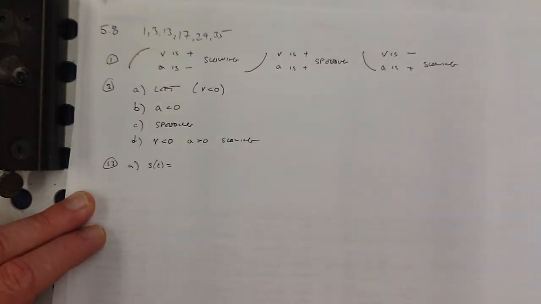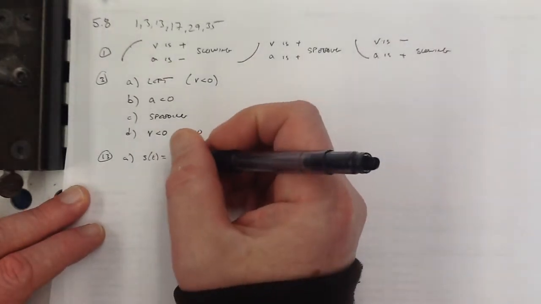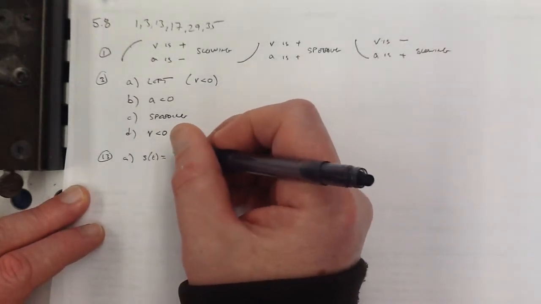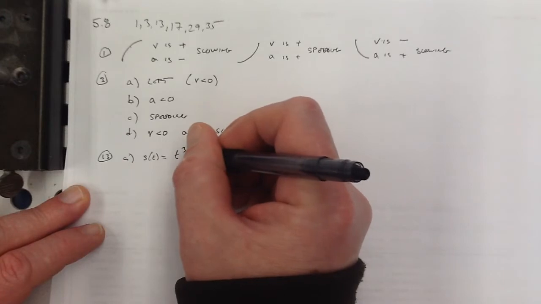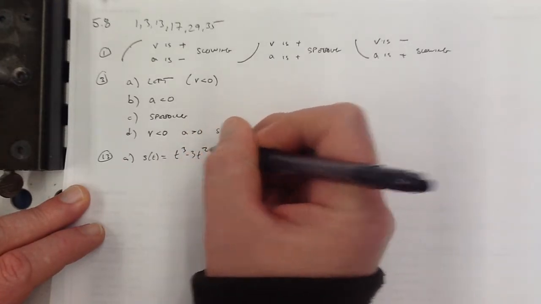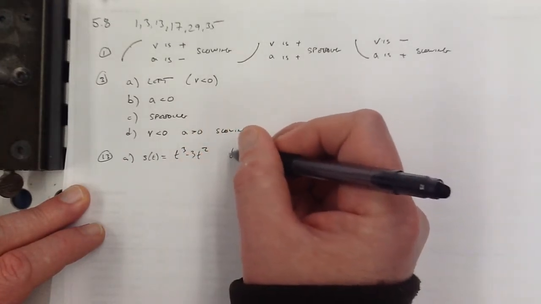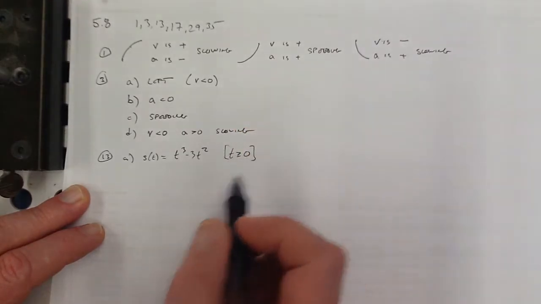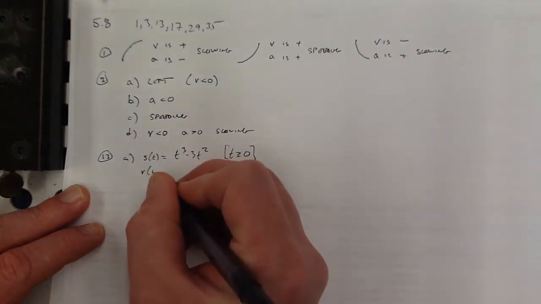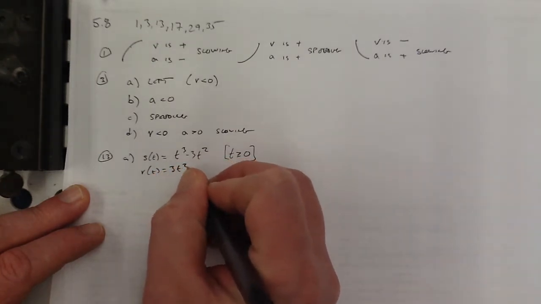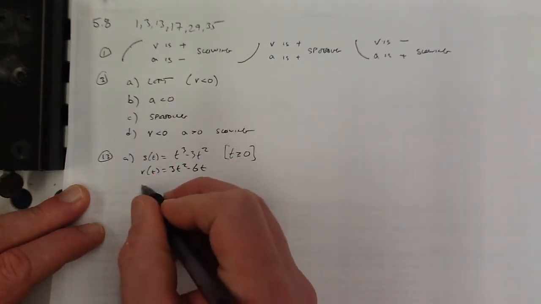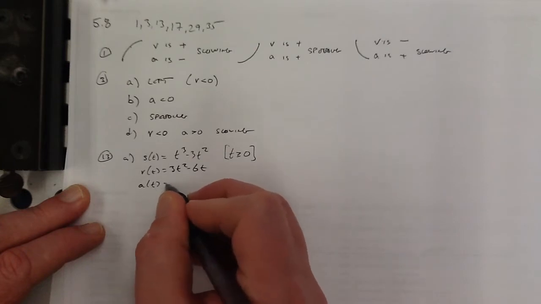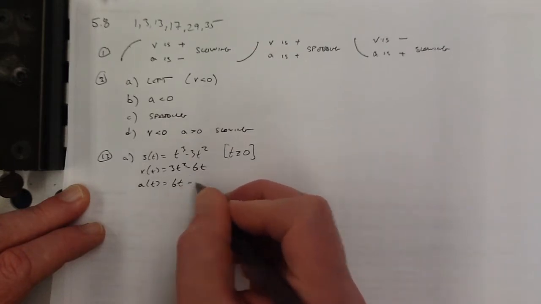In AP physics, we usually use R for our position. They're talking about here only times that are greater than or equal to 0. So the velocity would be 3t squared minus 6t, and the acceleration would be 6t minus 6.